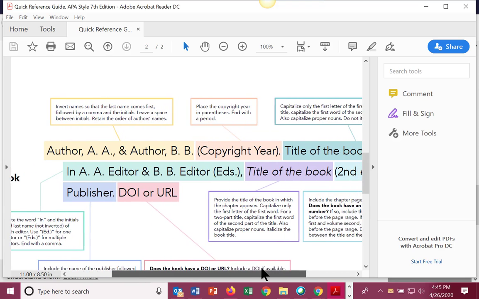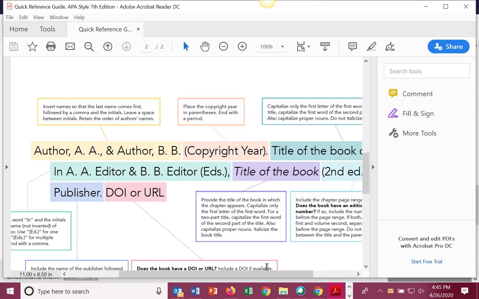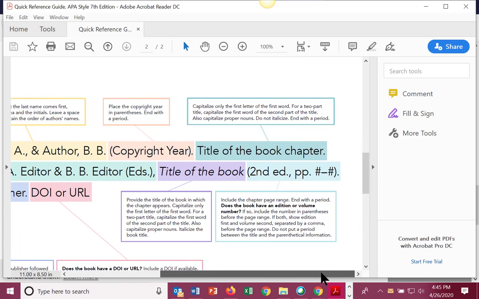And then you get to the title of the book. And again, capitalize only the first word. It's in sentence case again: first word, first letter after a colon or subtitle, proper names. This is italicized.